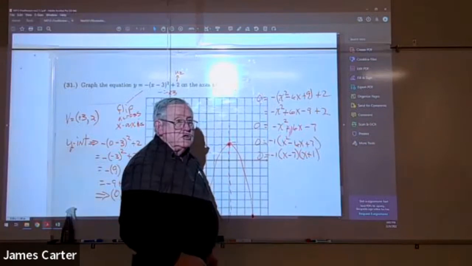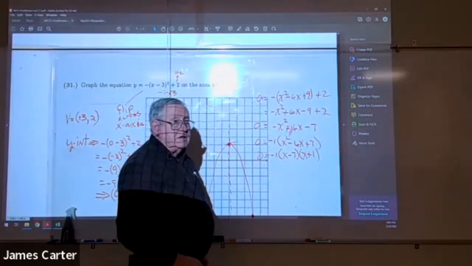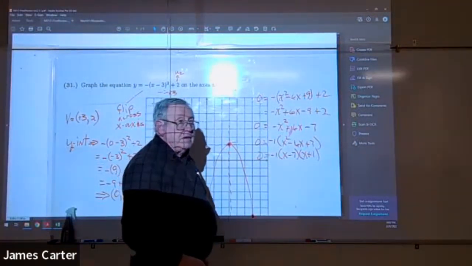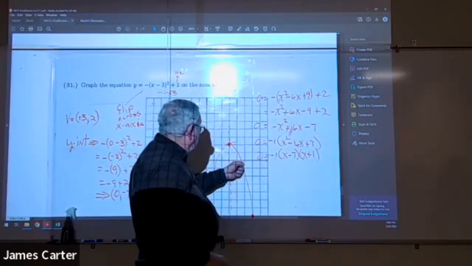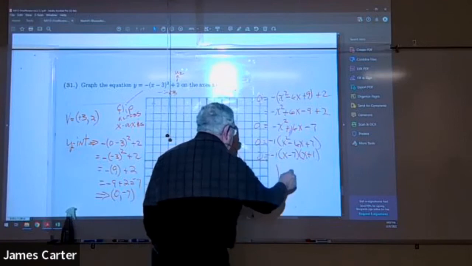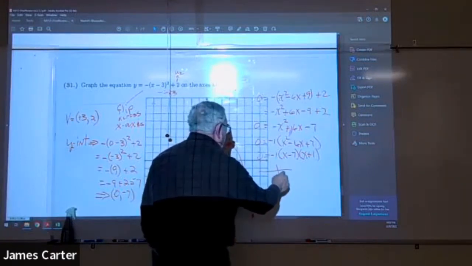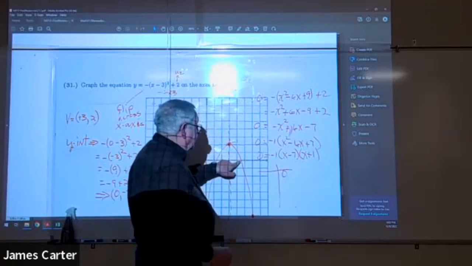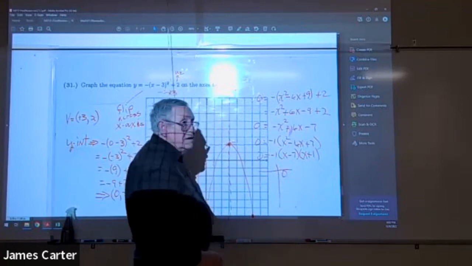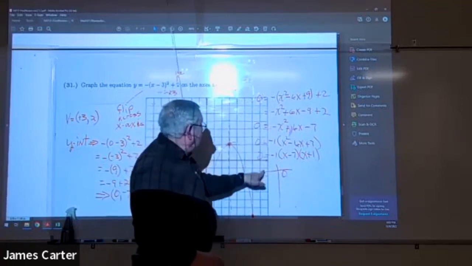Okay, or you could use the quadratic formula, yes. Can you just plug random numbers into x? Could you make an XY table? Well, yes. But what you'd have to do is choose y to be 0 and figure out what x is, which is what I'm doing here.